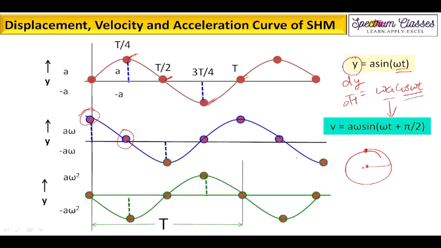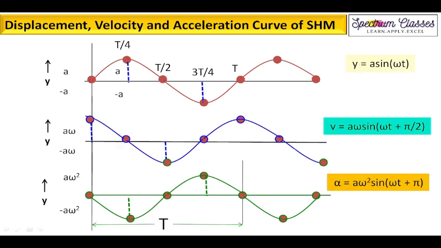Now we are again comparing it with the acceleration curve. So here is acceleration, which is equal to minus a omega square sine omega t. Here you can see this is plus and this is minus. So when the displacement is in the plus direction, the acceleration will be in the minus direction. So there is a phase difference of pi.